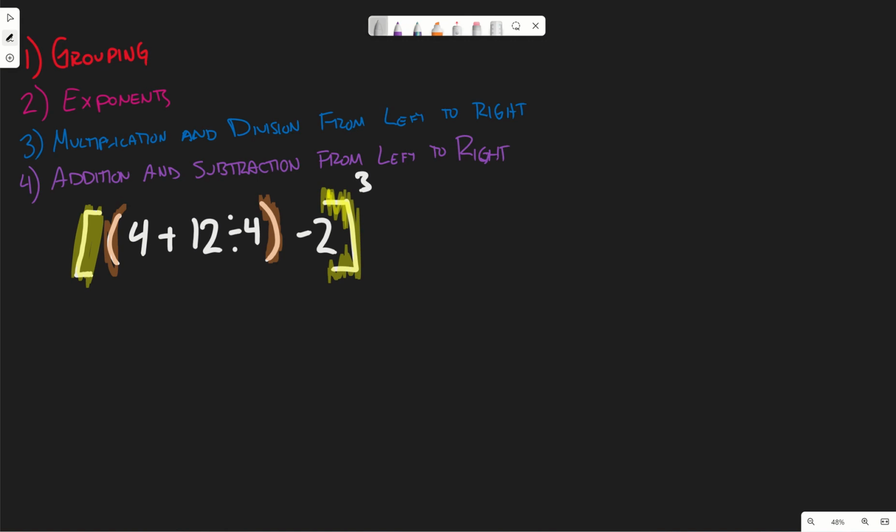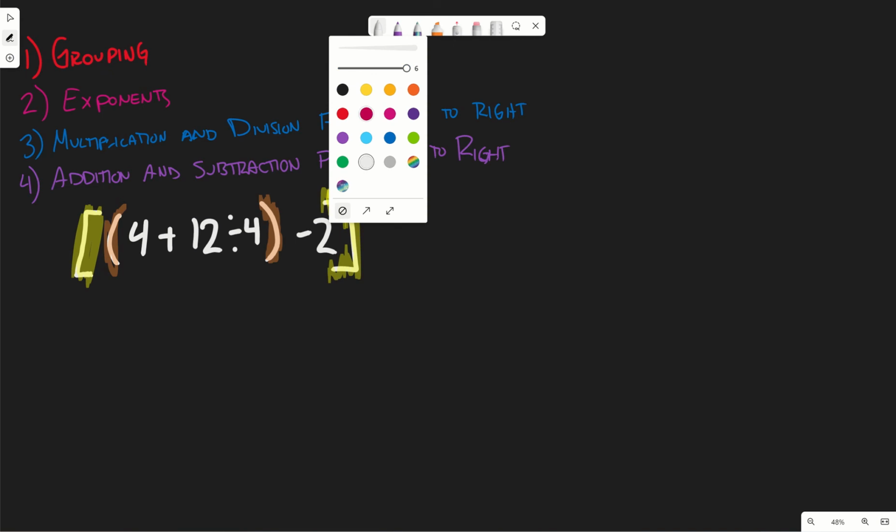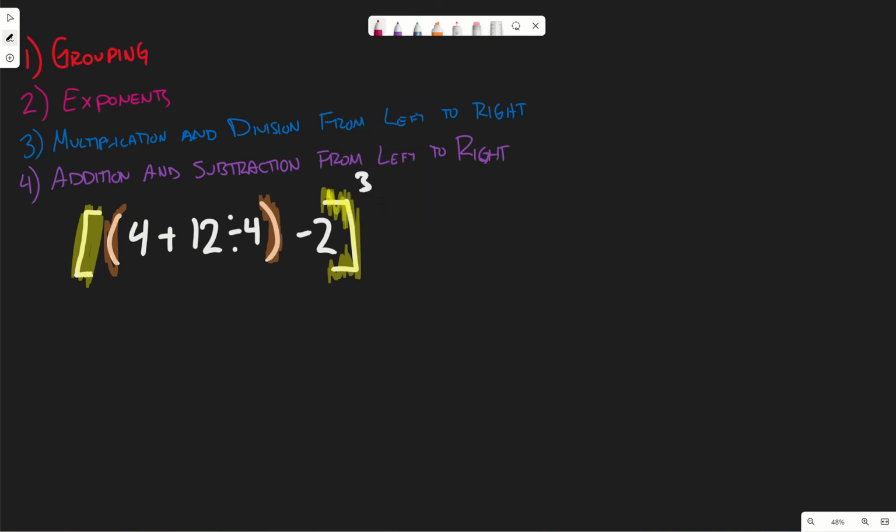And now once I'm in parentheses, I still want to follow my order of operations even though I'm in parentheses. So I'm going to go 12 divided by 4. That's 3. I have 4 plus 3, those are in parentheses, minus 2. That's all in brackets to the power of 3. 4 plus 3 is 7.